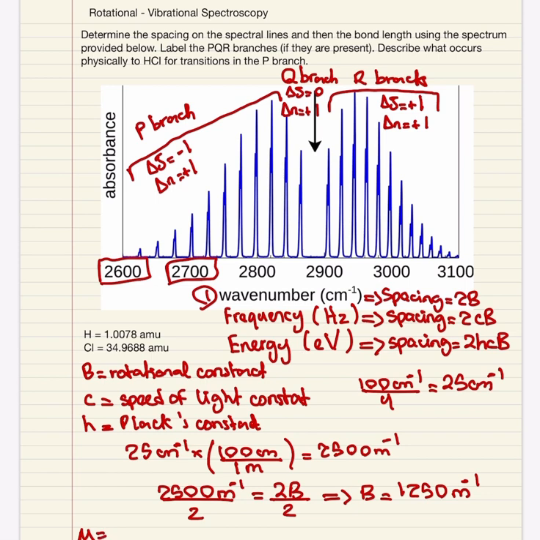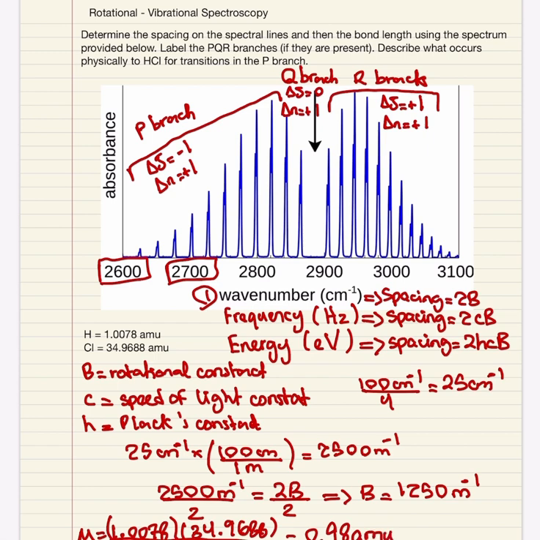The mu is equal to 1.0078 times 34.9688 divided by 1.0078 plus 34.9688. If we do that, we get 0.98 AMU.